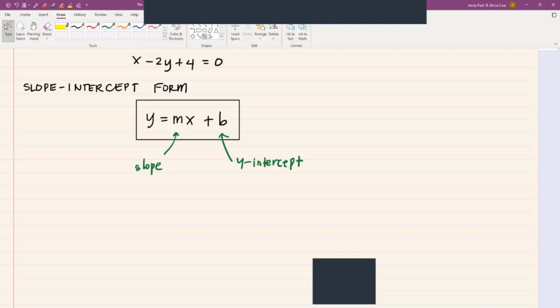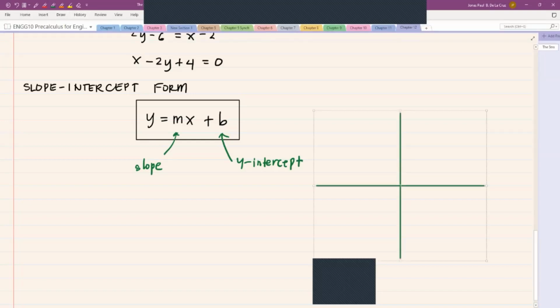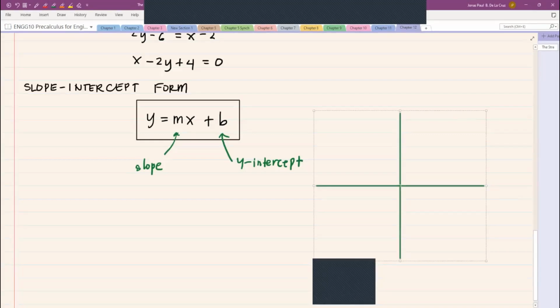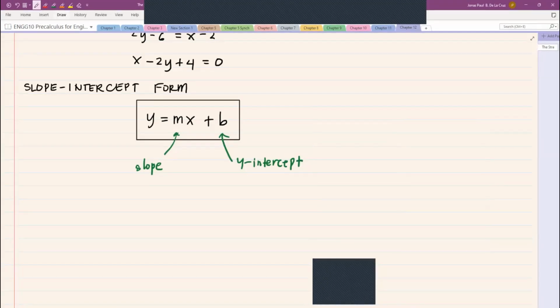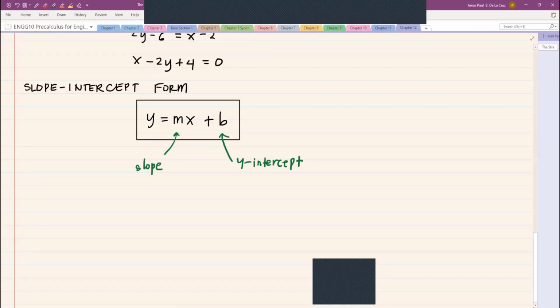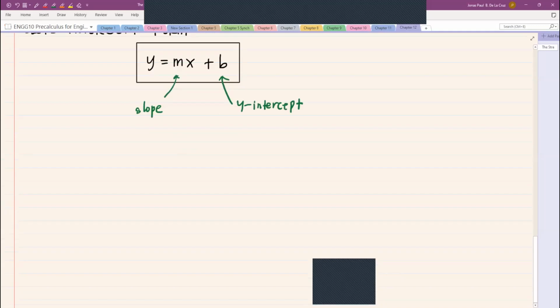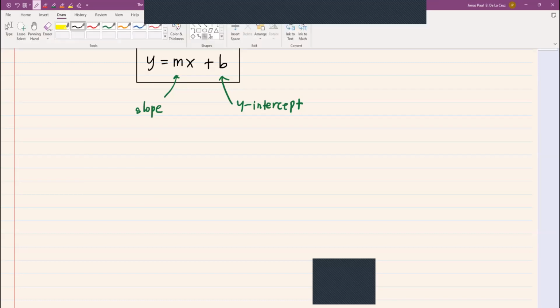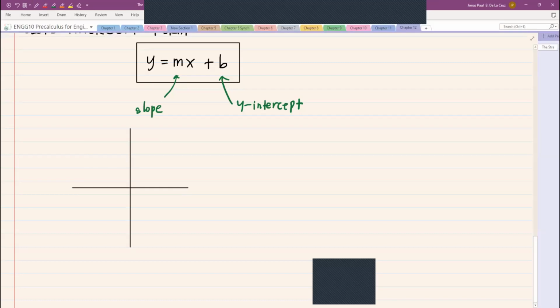For example, suppose this is our x and y axis.